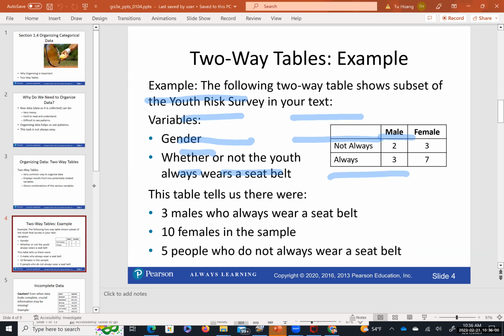Now let me show you how we can have two-way tables. Here's the example.